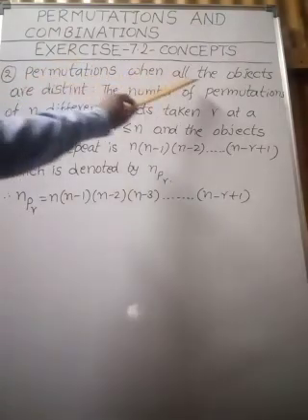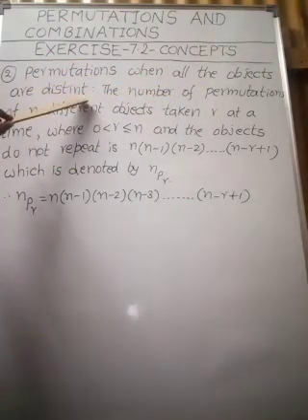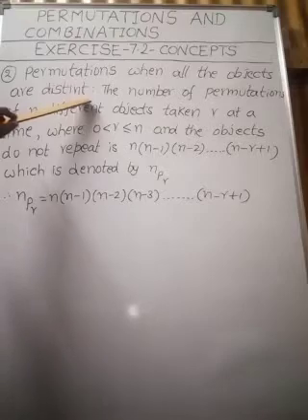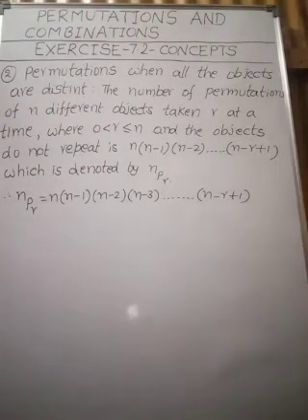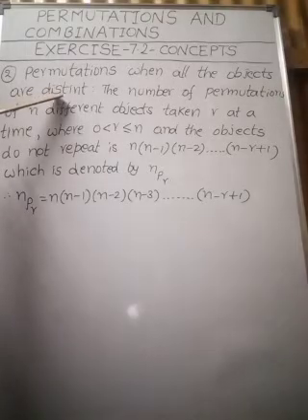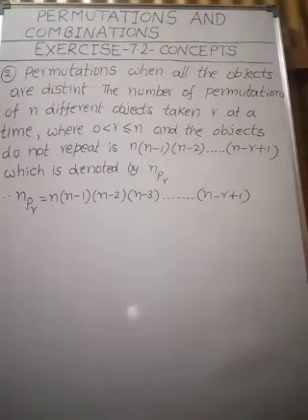Now come to the second point: permutations when all the objects are distinct. How many permutations can be found? How many arrangements do we get? With the help of this second point, we can find how many permutations are possible.